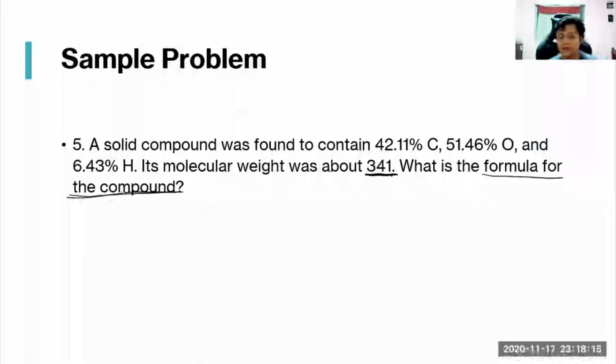So the first step is we will get the empirical formula first, and then we will get the molecular formula. Okay, so let's begin. How do we get this? We have to have a basis. I told you that the basis was to be in weight basis. So our basis is 100 grams of compound.